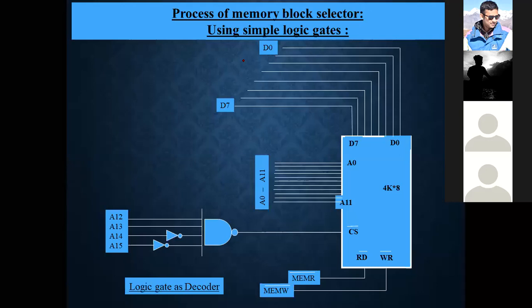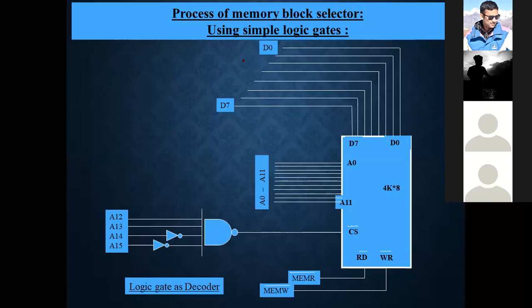So we write the 16 address lines as A15, A14, A13, A12, A11, A10, down to A1, A0.